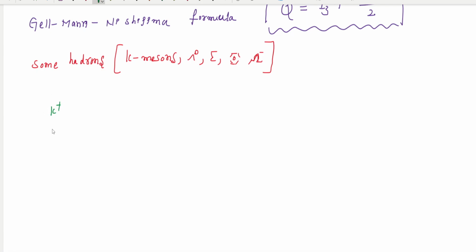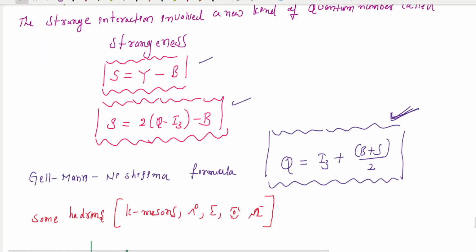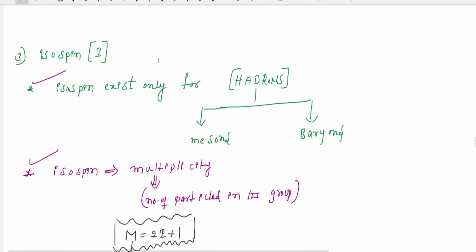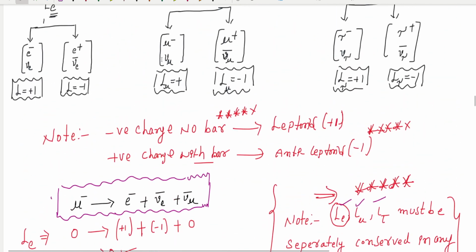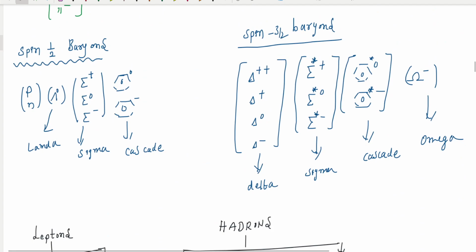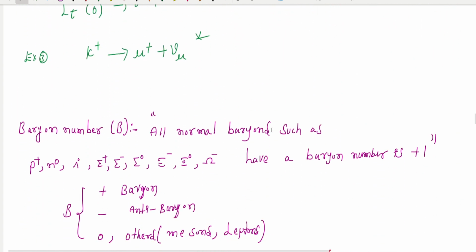K plus is there, and K minus, the antiparticle, also there, K mesons. Lambda.